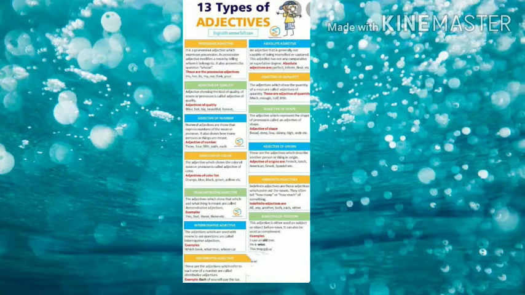These are the 13 different types of adjectives. Let us see one by one what adjectives can be used for each type. The first one here is possessive adjective.